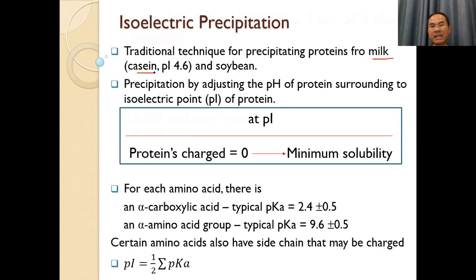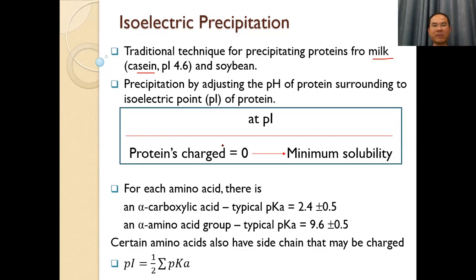A pI of 4.6 means that at pH equal to 4.6 the milk protein has minimum solubility. Soy protein from soybean is similar. We can precipitate by adjusting the pH of the protein's surroundings to the pI. At the pI there is no net charge. The charge is zero, and this makes minimum solubility.